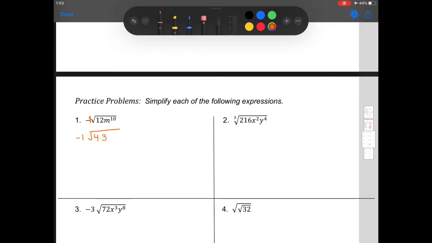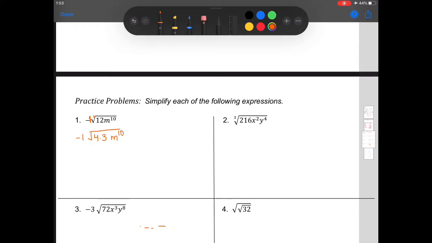So it's going to be 4 times 3, right? Now look at your index or your root. It is what? 2 here. So to look at the powers, they should be multiples of 2, right? So is 10 a multiple of 2? Yes, 2 goes into 10, so I don't need to break it, so I'm going to leave it as m to the 10th.